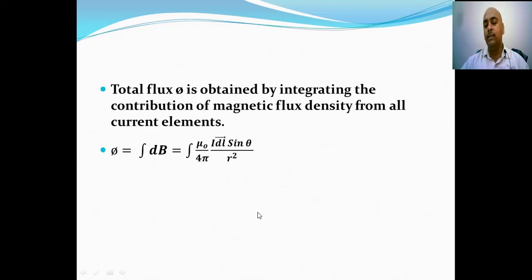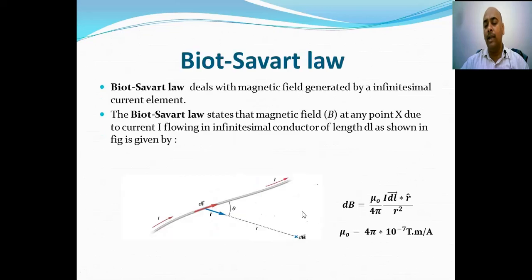From these equations and from this law, it is clear that if the direction of current is reversed, then the direction of the generated magnetic field will also be reversed. That is, the magnetic field generated by a current element has direction as well as magnitude, and the direction of the magnetic field is dependent on the direction of current in the conductor.